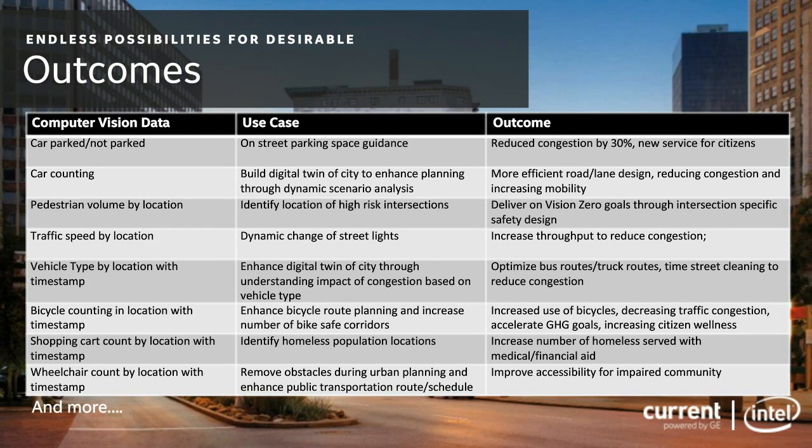But one that we have found to be significantly beneficial is guiding consumers to an open parking space. So imagine you want to go downtown or to the other side of town to your favorite restaurant, and what's the first thing you do when you get there? You're looking for a parking space, right?